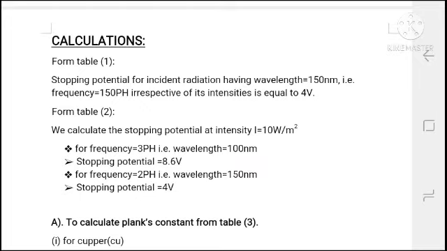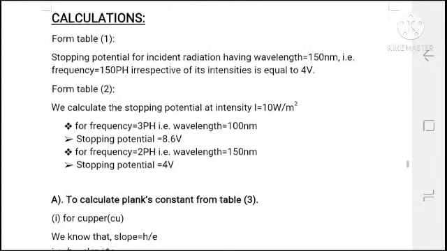We get the stopping potential from graph 1 and table 1, that is, the stopping potential is equal to 4 volt. We know the stopping potential is the potential required to stop the electrons from reaching the anode, that is, it stops the flow of current in the circuit.